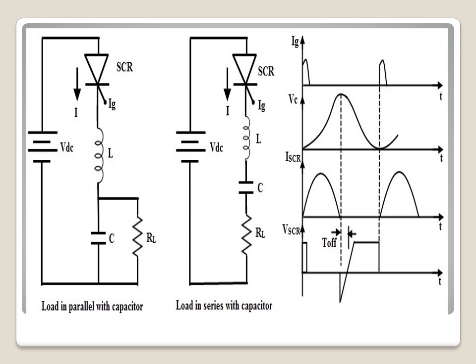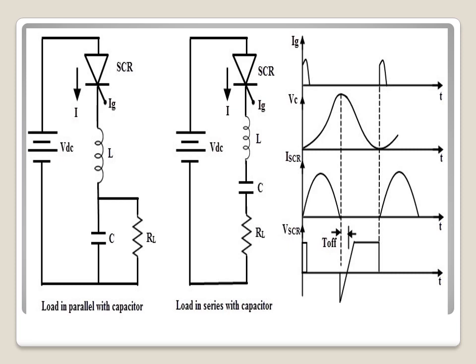In the waveform, we can see clearly that by providing a gate pulse the SCR gets on. First you have to provide the gate pulse. After providing the gate pulse, the capacitor will charge and the voltage across the capacitor reaches the peak of the supply input, and simultaneously current flows through the circuit.